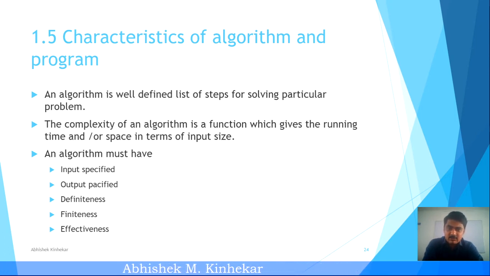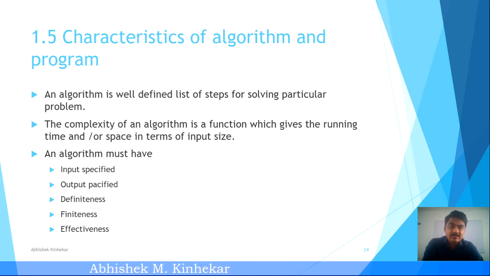Your algorithm should terminate somewhere, either giving a favorable result or an unfavorable result. If your algorithm does not terminate, if it does not give you a result, then the effectiveness of that algorithm is zero. Correct? So finiteness is more important than any of the other algorithm characteristics that we have seen.